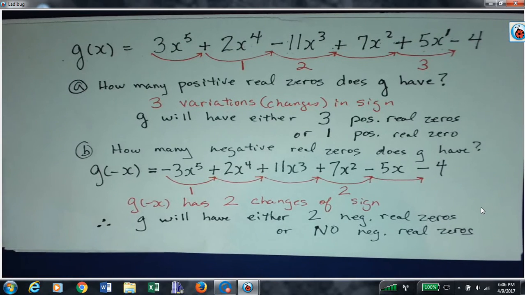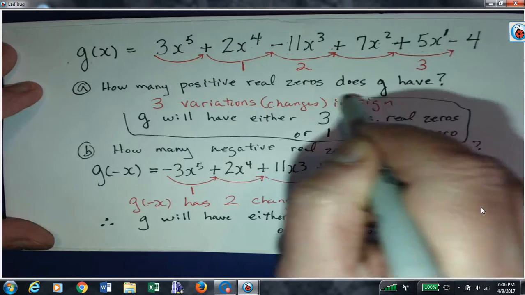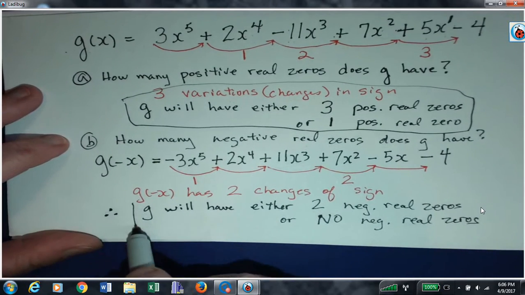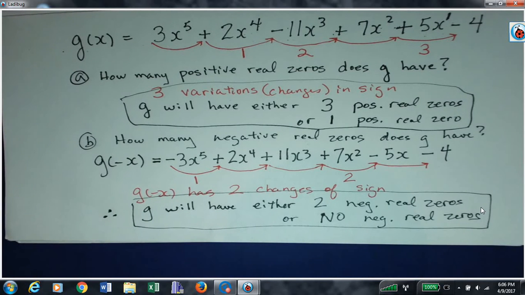So by Descartes' rule of signs, this is what I conclude for how many positive real zeros g will have. This is what I conclude about how many negative real zeros g will have. And let's finish up with the last one.